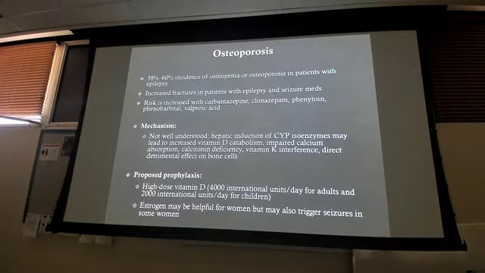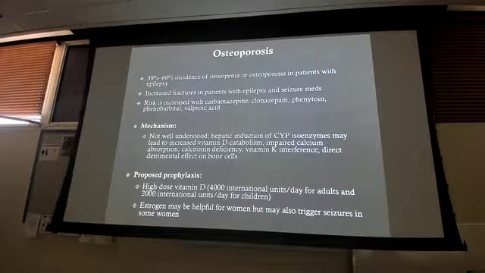Osteoporosis. So we have a disease that could potentially cause me now to have osteoporosis. So because of my epilepsy, I can potentially be more prone to osteoporosis. So when you're looking at your prophylaxis for this, you see that all we're gonna do is give them vitamin D. We can see in some situations where we'll try to add on a low dose of estrogen, but that's controversial because you can see where sometimes this can trigger a seizure, okay?